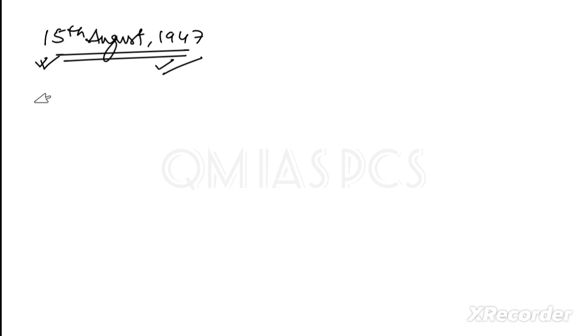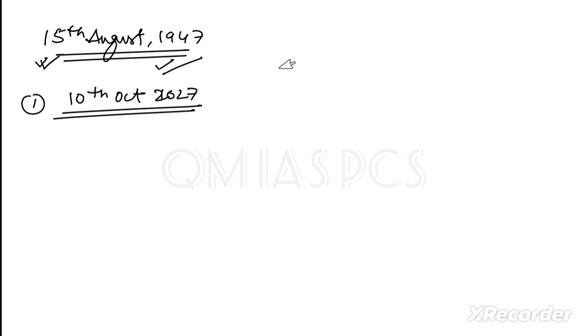The first question is given: 10th of October 2027. I am solving this one for you. I have told you what to do. First, we have to calculate which year is completed. 2026 is completed here.